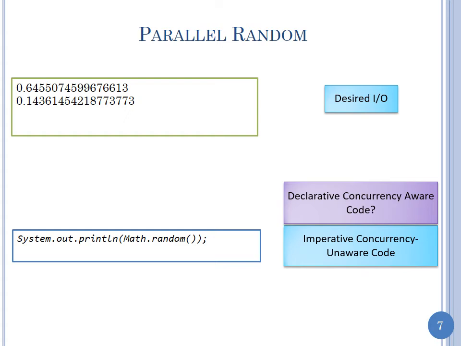So now I have to add some declarative concurrency aware code, and I'm asking what might you say in this question mark box that gets the desired job, given that what you state there cannot know what a random number is. So it has to be more general than random number. And what might you want to put there? That's the question that was essentially answered by the set of primitives I'm going to show you next. Okay, and if you think a little bit, you'll converge to what has been invented.